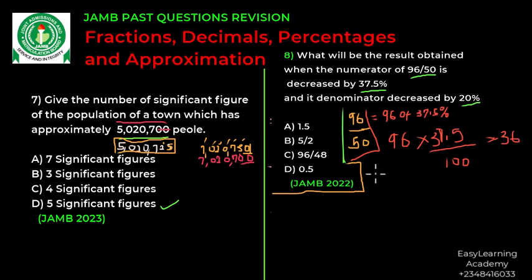It's a decrease, so the new numerator will be the old, which is 96, now minus the new, in this case, 36.